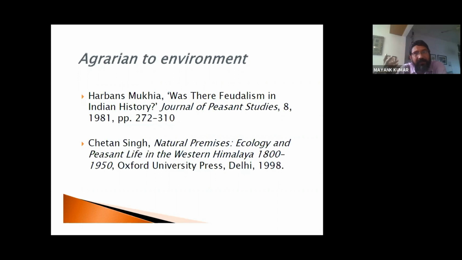Chetan Singh is a classic example of that. He is one of the earliest historians working on the importance of nature in understanding historical processes. His text, Natural Premises: Ecology and Peasant Life in the Western Himalayas, tries to examine in what ways peasant life is governed by ecological conditions, and in what ways a regular, continuous negotiation goes on between the environmental conditions and the peasantry.